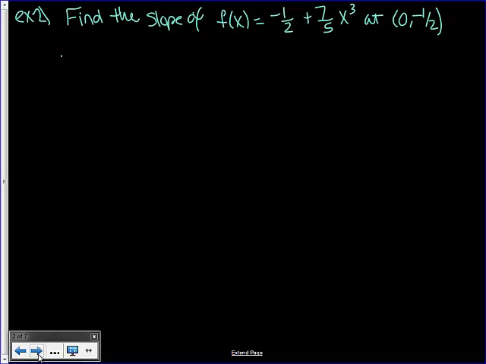This is more of an example like what you would see in your book. So I have that f of x is -1/2 plus 7/5 x cubed.